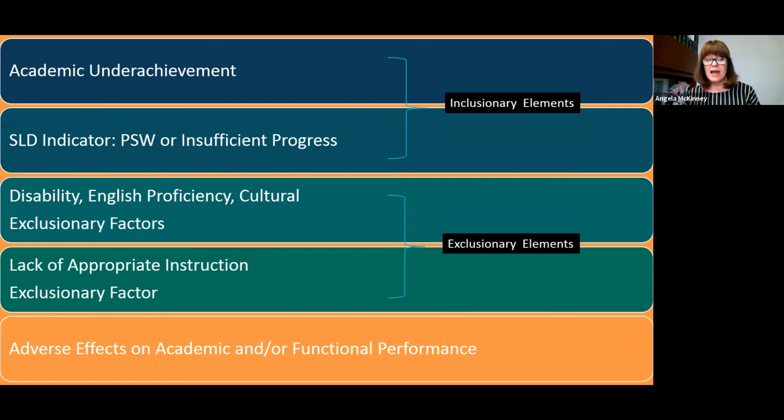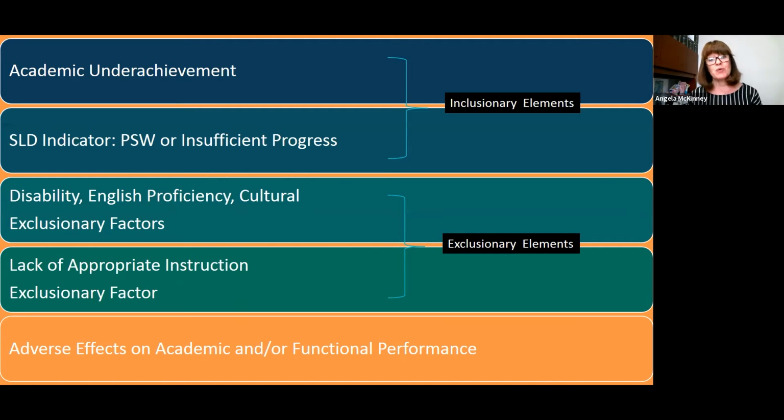So what we do have to have is we have to have evidence of underachievement of some kind. So there has to be something going on, either age or grade level standards. And then we have to have one of those indicators of a specific learning disability. So either pattern of strengths and weaknesses or the insufficient progress model. And then we've got to factor out the other pieces, which are all those exclusionary factors.